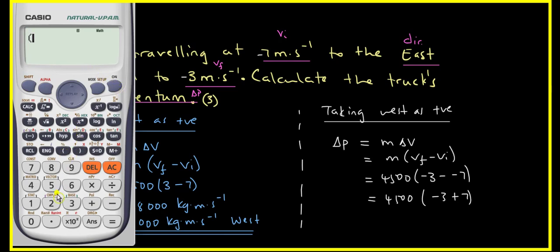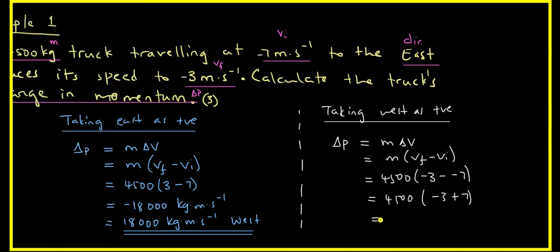So let's multiply 4,500 by negative 3 plus 7, and I get 18,000. So my answer is positive 18,000 kg·m/s. Since my answer is positive, I'll just take the direction that I chose as positive, which is west, the same as the first one.